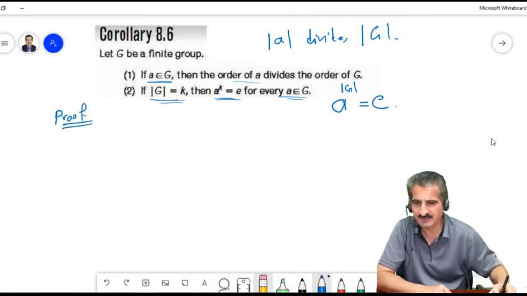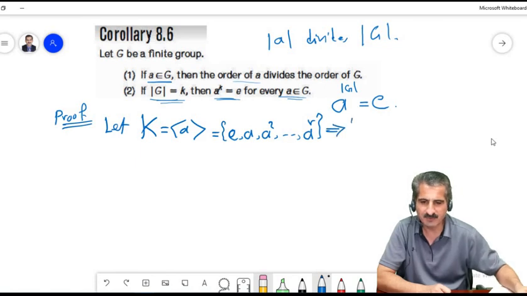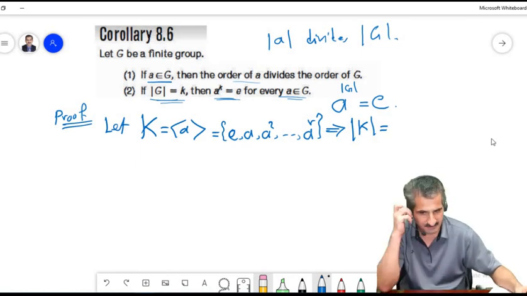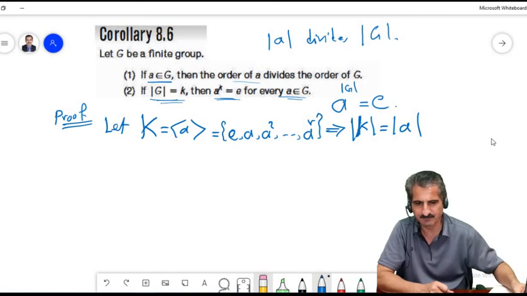And let's prove this. For part 1, we want the order of A to divide the order of G. Let K be the subgroup generated by A. It consists of the identity, A, A squared, and then all the way to A to some power R. That means the order of K is the same as the order of A. I'm saying here the order of A is R plus 1, right?